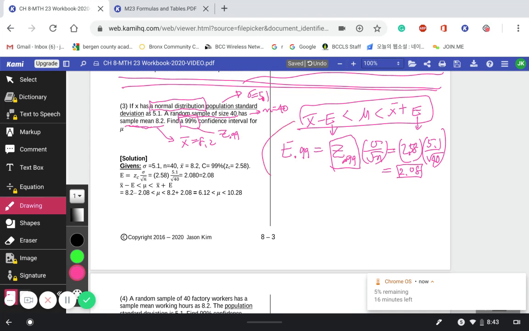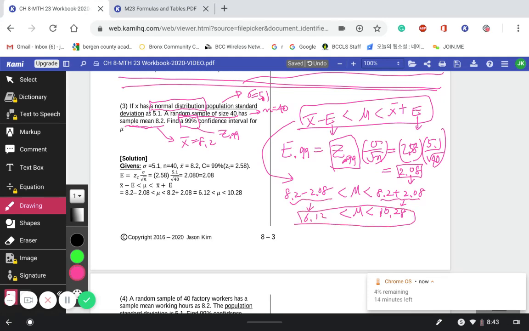So what does that mean? That means your estimation would be 8.2 plus 2.08 and 8.2 minus 2.08. So your final estimation of the mean value would be 10.28 by adding these two numbers, and subtracting, you get 6.12.